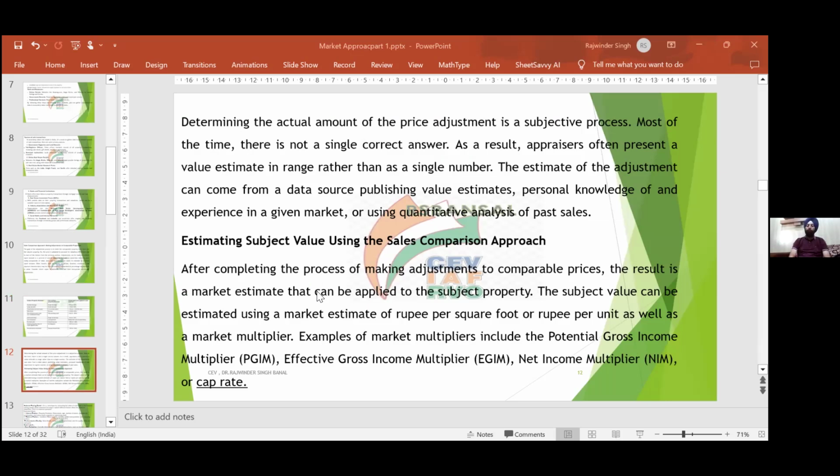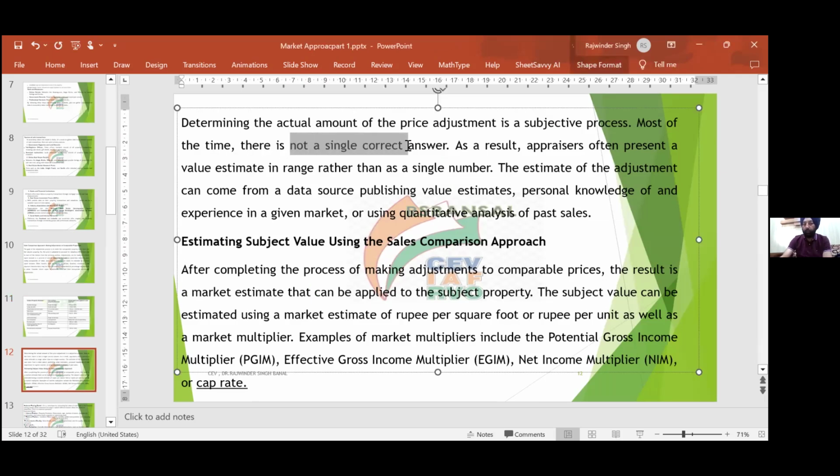ठीक है, तो first approach we will be starting is the first method, sales comparison method. So in this way you will have to apply price adjustment. So it will depend upon the time. Most of the time there is not a single correct answer. So basically in market approach you will get a range of values.